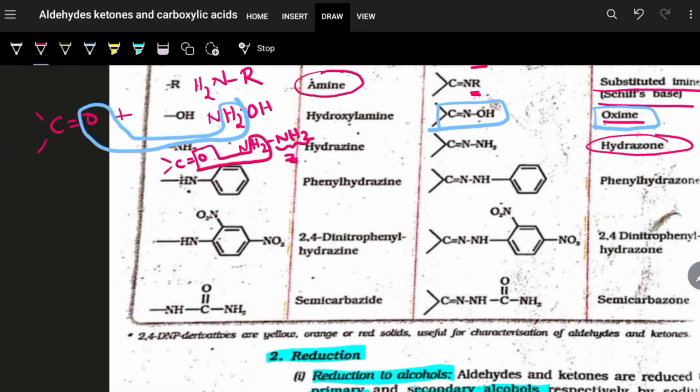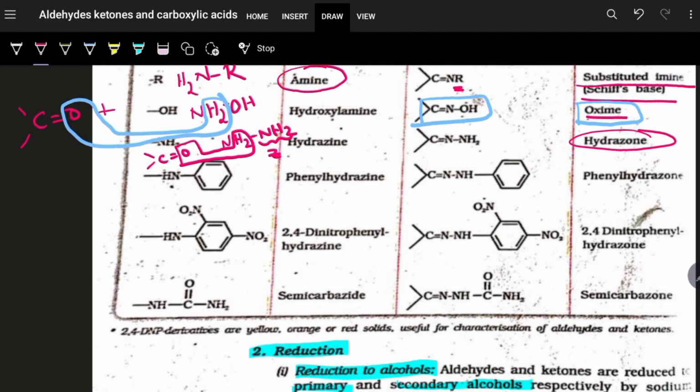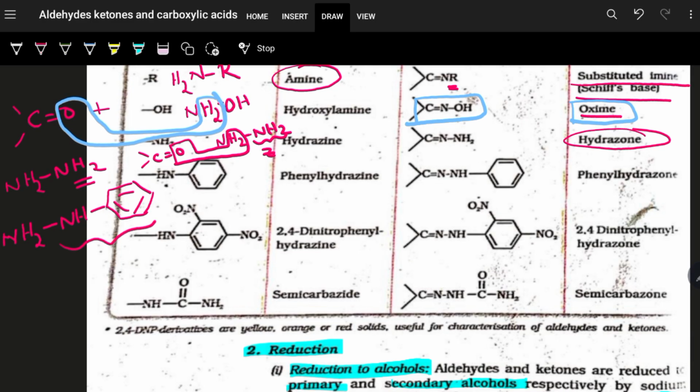Phenylhydrazine. So what is the structure of phenylhydrazine? Remember that hydrazine is NH2NH2. Now when you substitute 1 H of hydrazine by a phenyl ring, what you get is phenylhydrazine. So NH2, NH and this is your phenyl ring. So this is phenylhydrazine and this is your Z part.